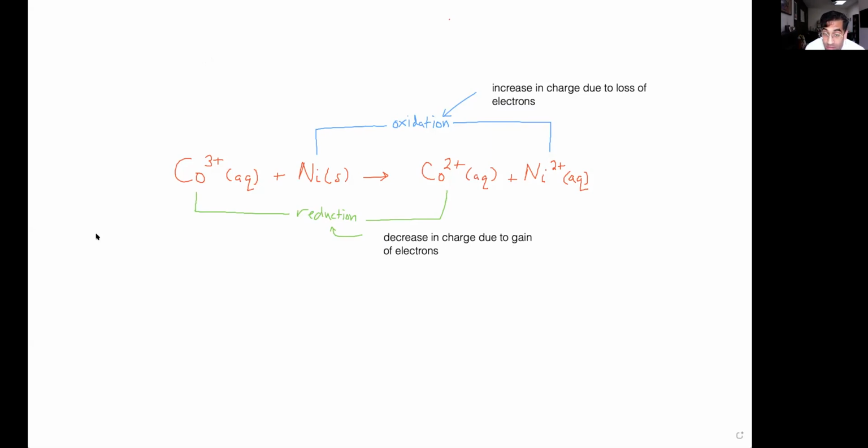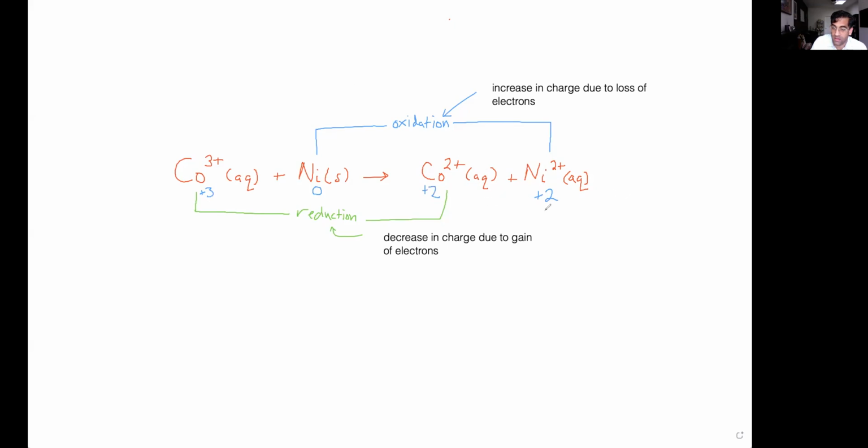However, we don't have the same net charge. I'm going to start with the charge of nickel on left and right. It's 0 over here. It is +2 over here, as they say. Okay, and then cobalt is +3 here, and it is +2 over here.